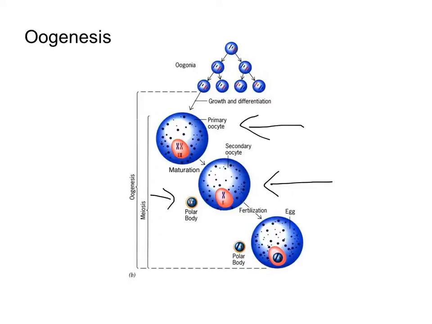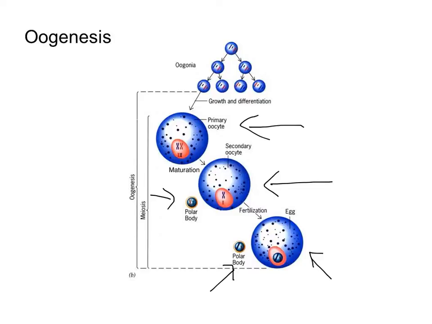One really large cell and one really small. The really small cell is called the polar body, and the second cell is what's called the secondary oocyte. Now this secondary oocyte will then divide again by meiosis II to produce 2 new cells, one of which is the polar body, and the second of which is the final mature egg.